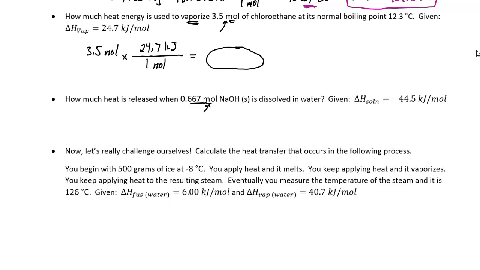That means we don't have to turn grams into moles. So write down the given amount. Multiply by the conversion factor. This question talks about dissolving the substance in water, so we want delta H solution, and that is that number given in the problem.